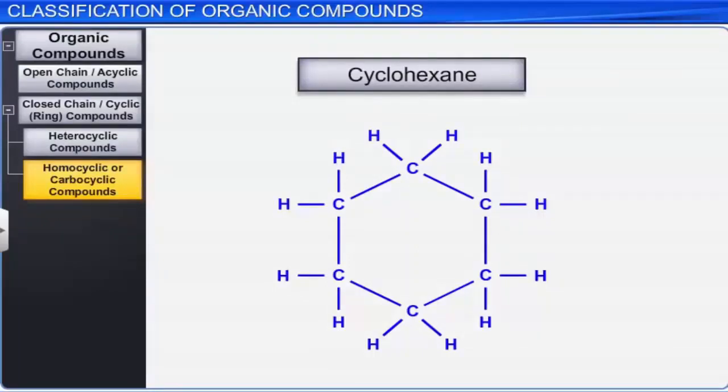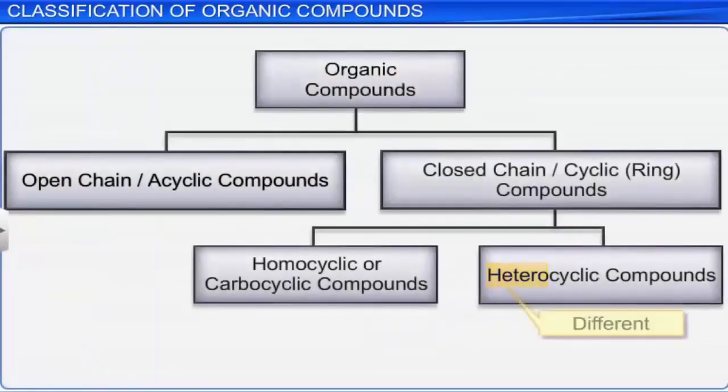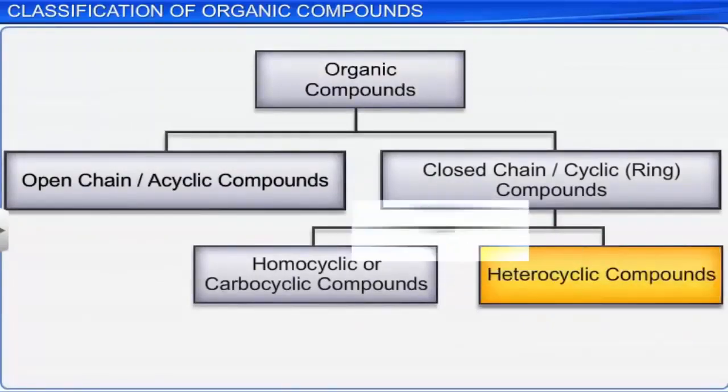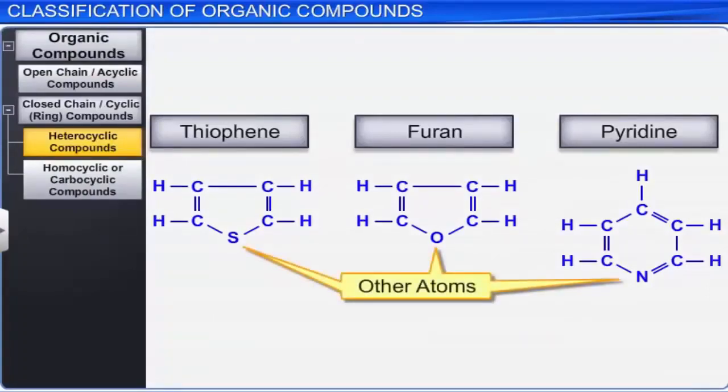For example, in cyclohexane, the ring consists of only carbon atoms. The word hetero means different. Heterocyclic compounds are those in which the ring consists of carbon atoms as well as other atoms like sulfur, oxygen, or nitrogen.